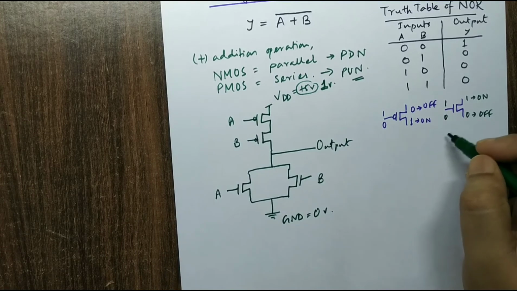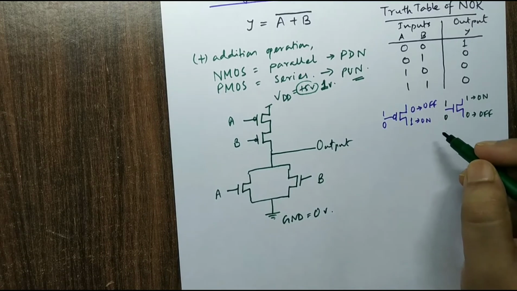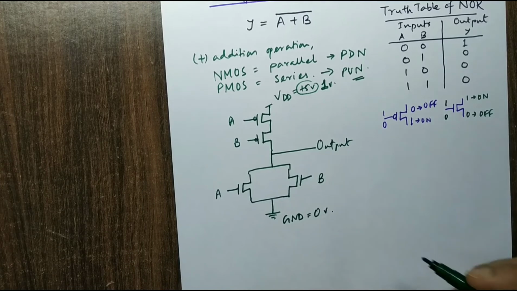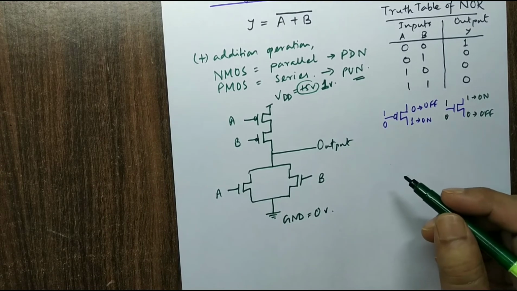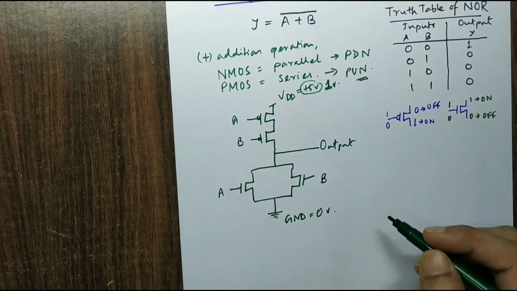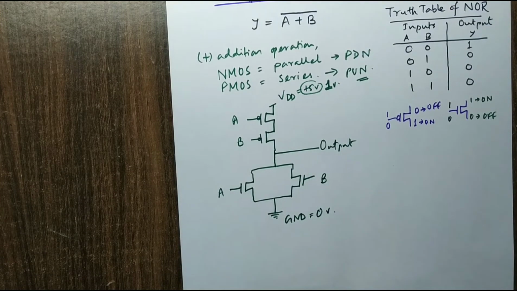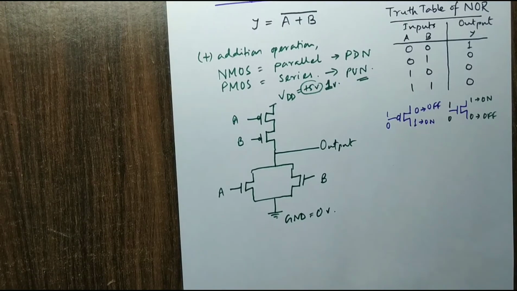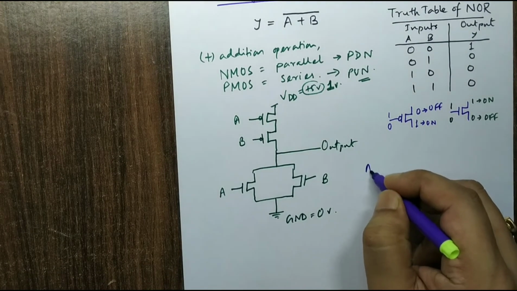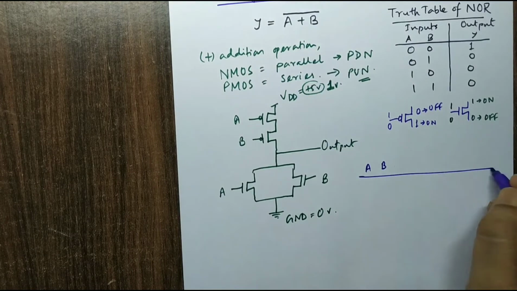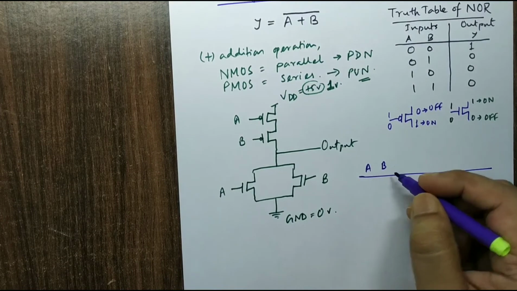If you can understand this very simple logic, right now I can go for a proper description or detailing of that particular operation of that particular circuit. So let us see. Let me draw the lines first, tables A and B. A and B are inputs.